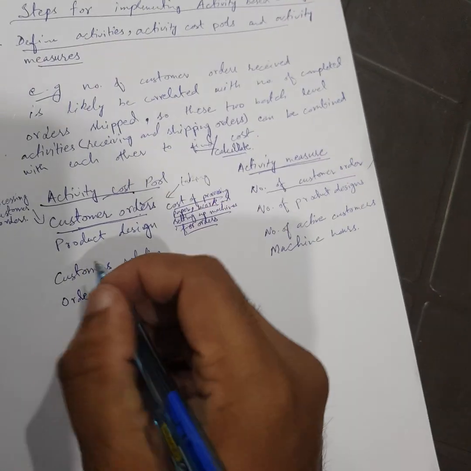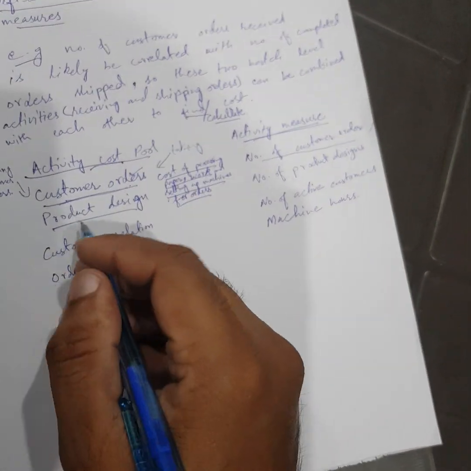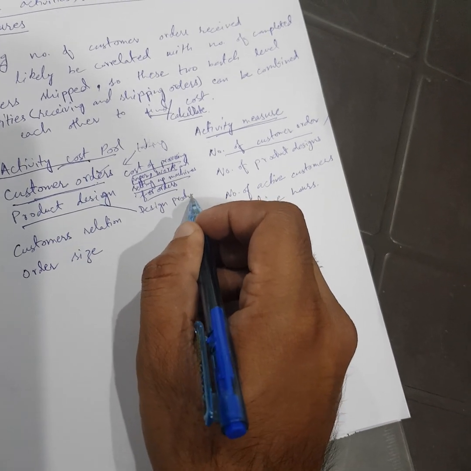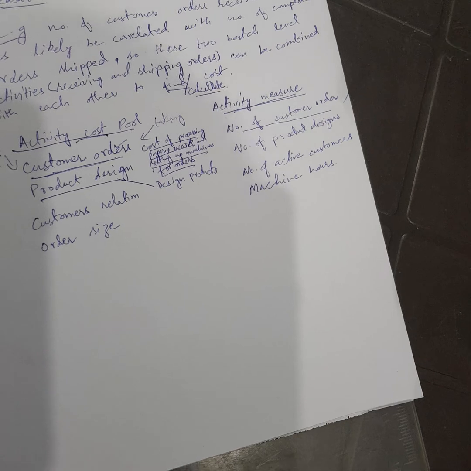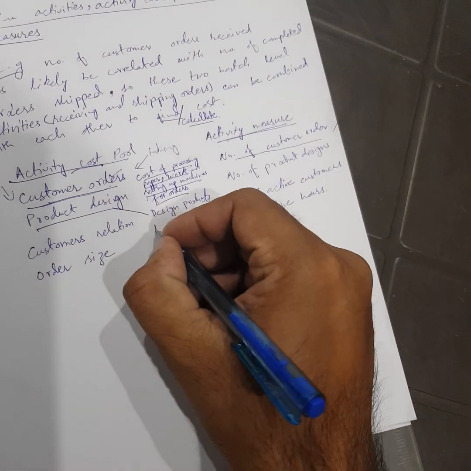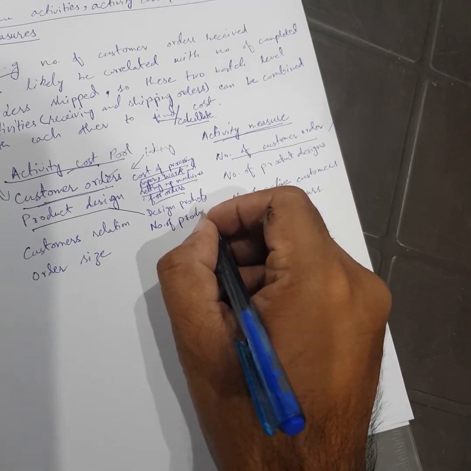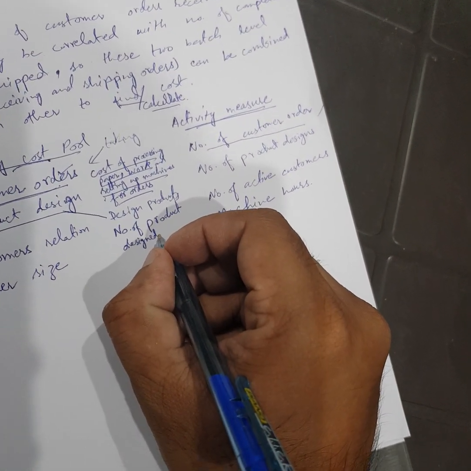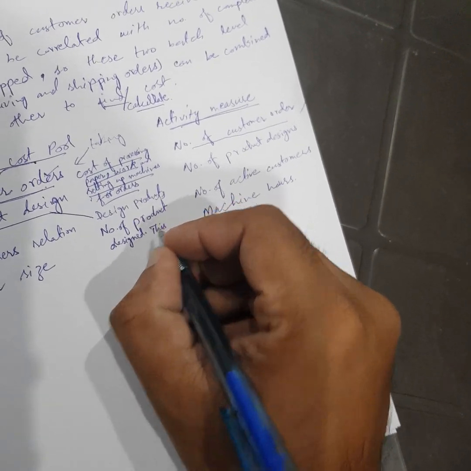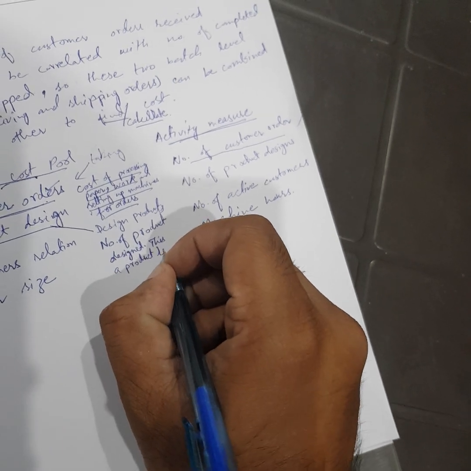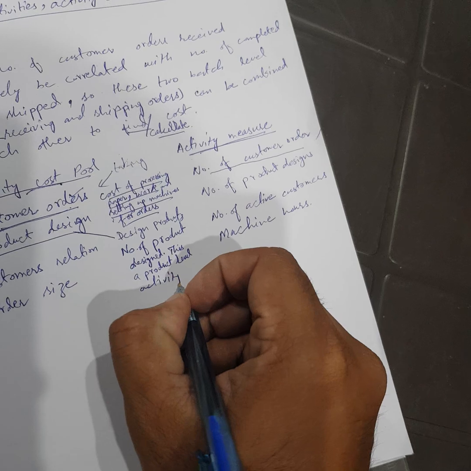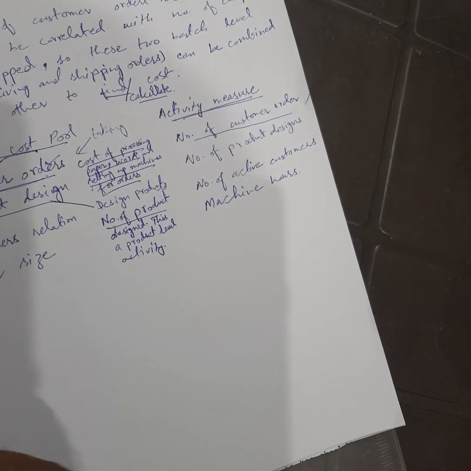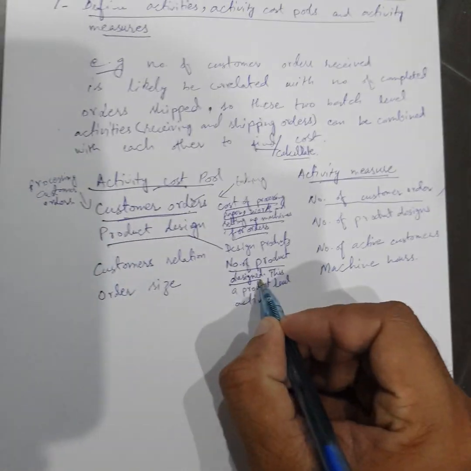In the same way, for product design, all those resources that are consumed to design a product, like the number of products designed, this is a product level activity, because a number of products are designed and there is no restriction of number of units.